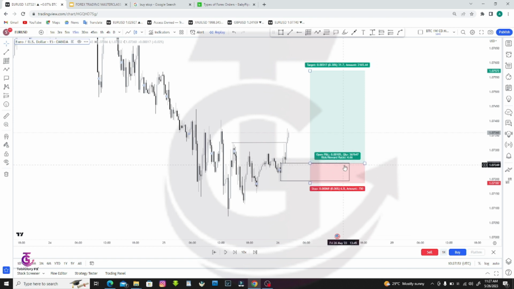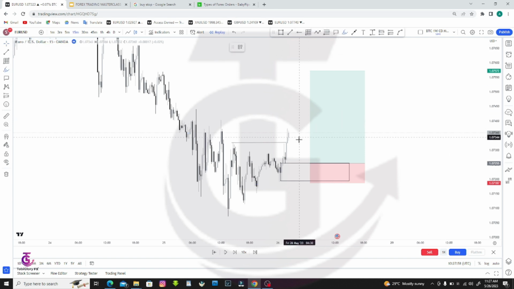Now I set a limit of 1.07255, which means I am expecting price to come back here, because I know price is going to come back here and buy. I don't have time to wait for price to retrace before I enter at market price.